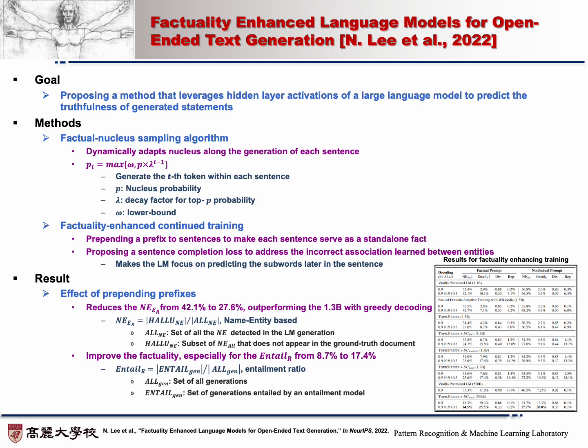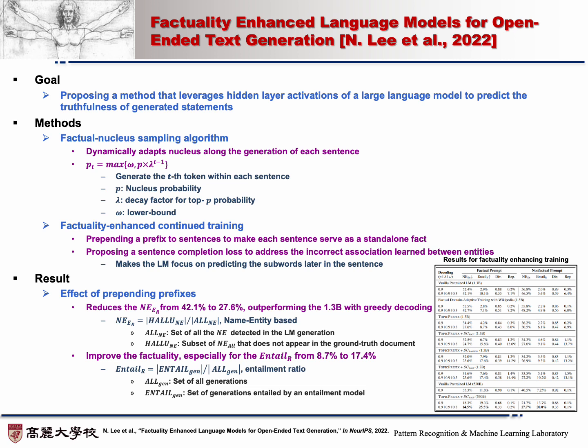So their approach was firstly that they introduced the factual nucleus sampling algorithm, where this algorithm dynamically adapts the nucleus, or the core set of probable next tokens, as each sentence gets generated. It's a novel way to guide the generation process based on certain constraints. And furthermore, they pioneered a methodology known as factuality enhanced continued training.